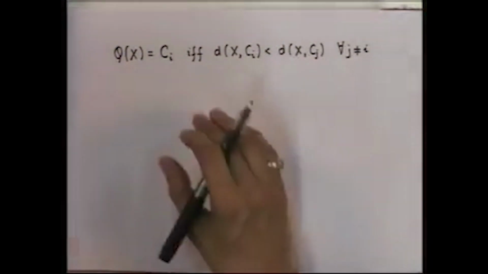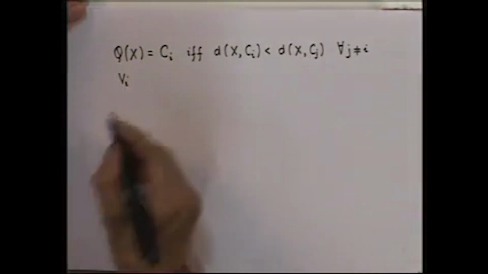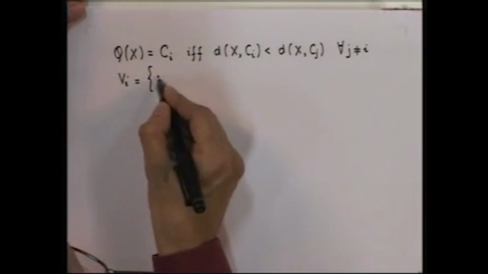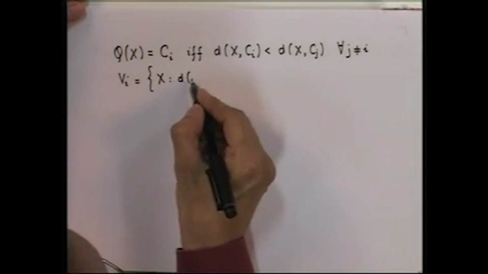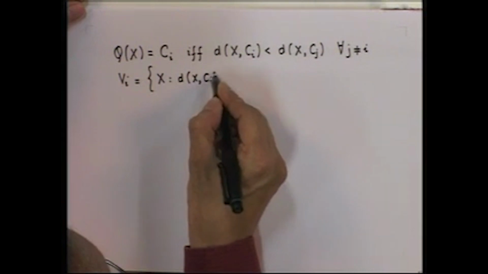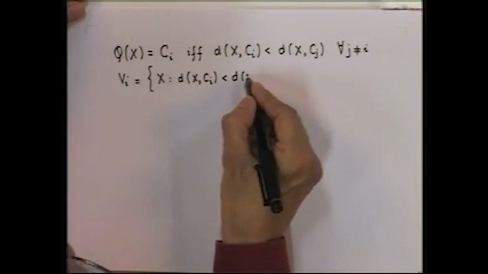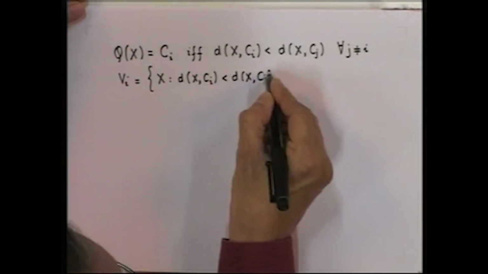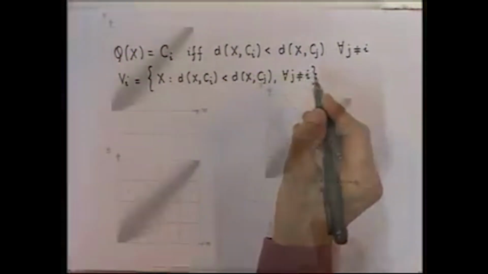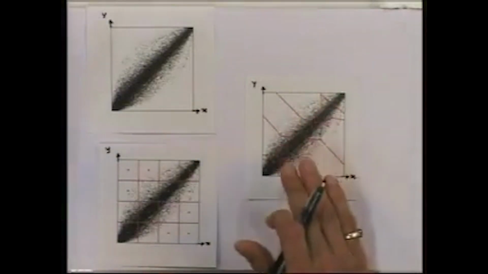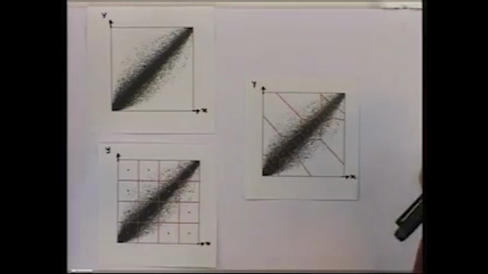And the quantization regions, that is Voronoi cells denoted by V_i, can be defined as consisting of all those source output vectors x such that the distance between x and C_i is less than the distance between x and C_j for all j not equal to i.